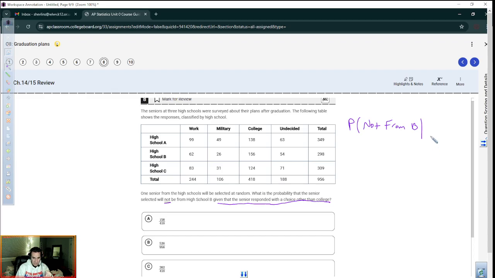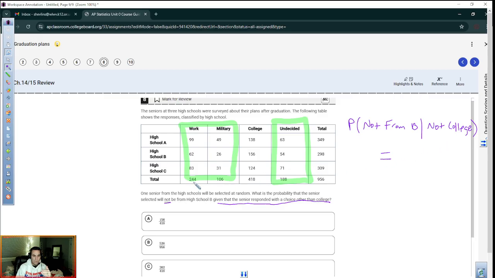Given that they said not college, basically. Didn't say what it had to be, but it's not college. So when you look at this table, these two are not college. This one is not college. Don't look at the college column. So we know the bottom number will be your not college.